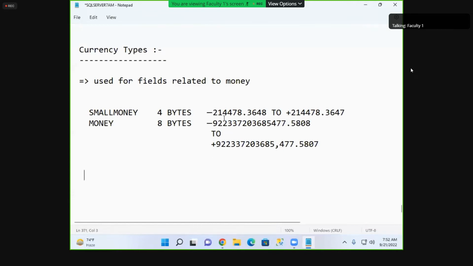If the value is between this range, use smallmoney.